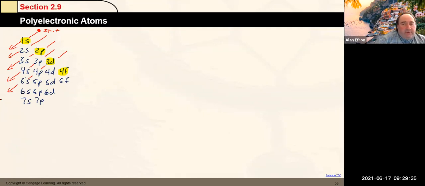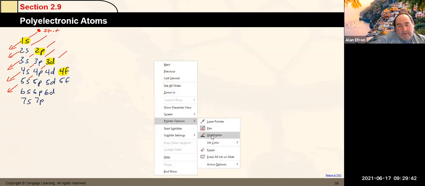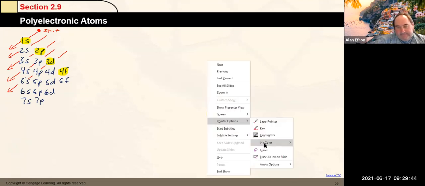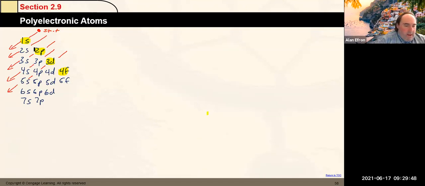And the major difference where people mess up is, if we follow this through, we go 1s, we then zigzag back to 2s, we zigzag back to 2p, 3s, which makes sense.